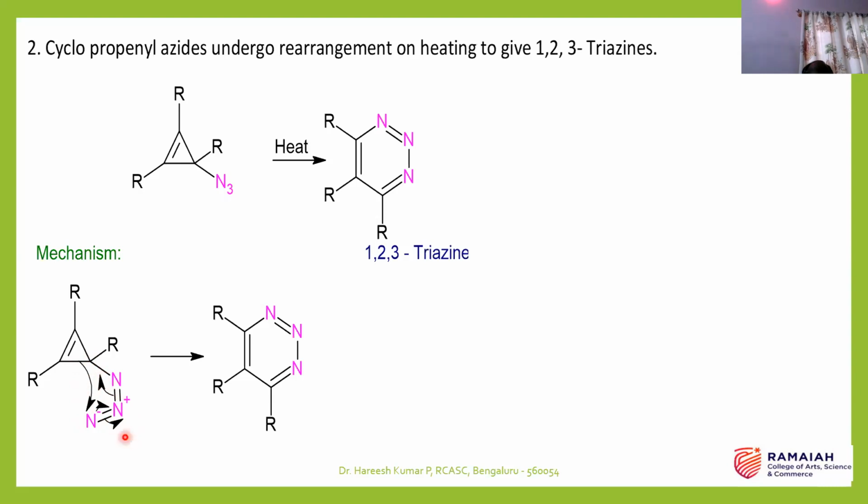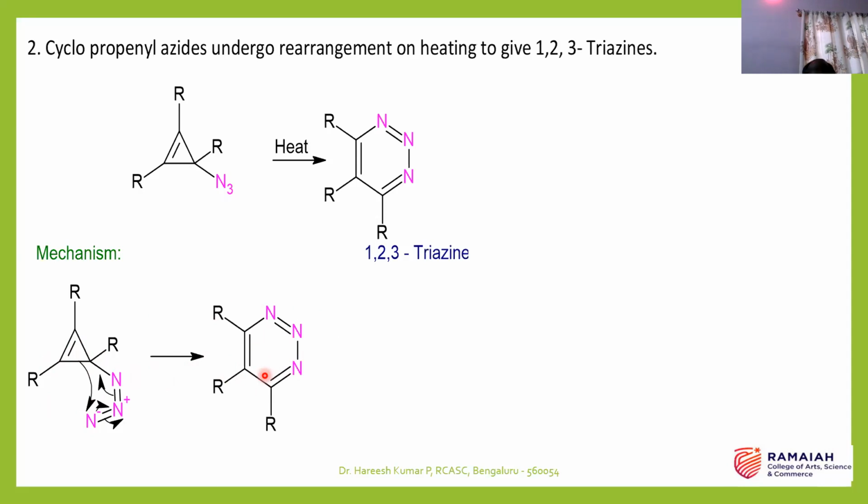So what will happen? Here, this is a three-membered ring. There will be more strain, more particularly bond strain, Prelog strain, Hankel strain. To overcome that, this is more feasible, thermodynamically favorable, and the product is formed. It is called 1, 2, 3 triazine.